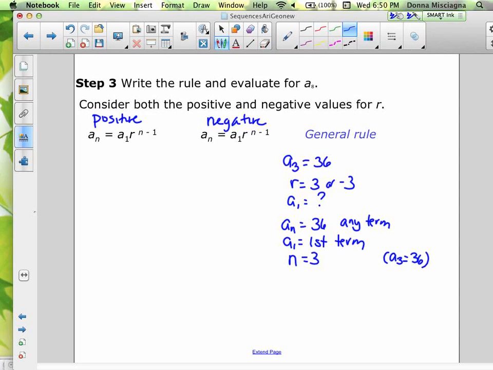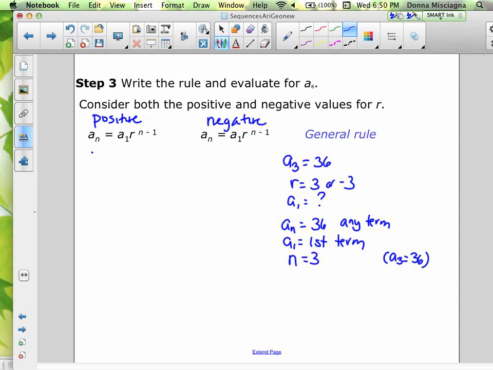There we go. All right, so for AN, we're going to substitute any term we want. And why would you use the fifth term if you could use the third term, right? A1 is our first term that we're looking for. And n is 3 because 36 is the third term. All right, and now we'll just solve.